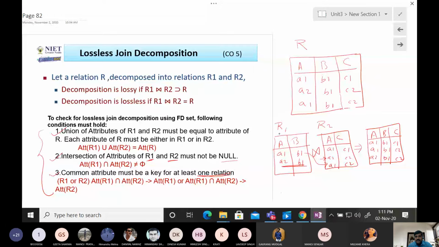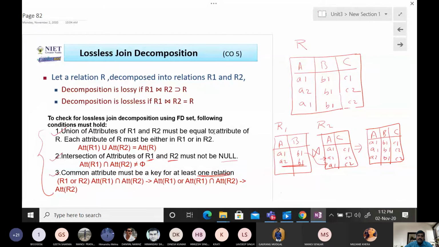Then you have to see that the decomposition must be lossless join decomposition. Otherwise, there occurs a loss of information and you are not able to get some results from the tables. So these three conditions are mandatory for lossless join decomposition.